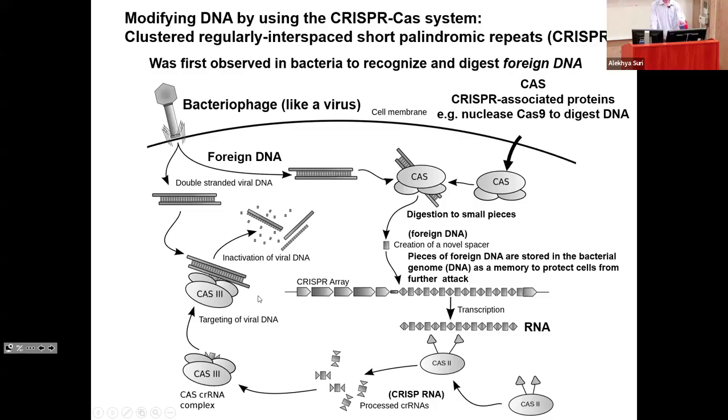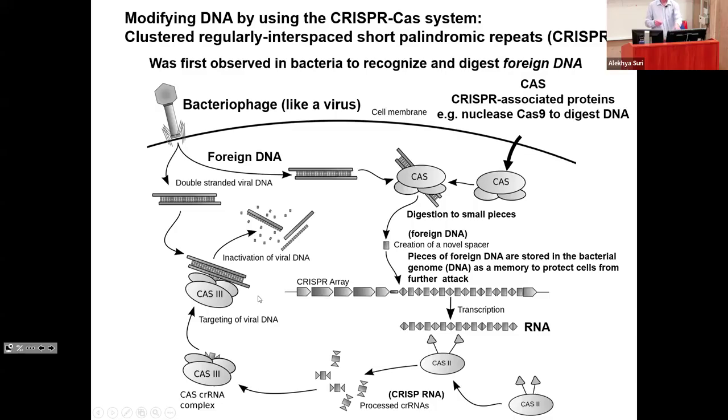It's based on the knowledge that bacteria use a system to memorize when they were infected by foreign DNA. Like a bacteriophage introduces foreign DNA into cells, and the bacteria created a system to memorize, oh, we were infected before with this bacteriophage, and to have a faster response to this exposure.